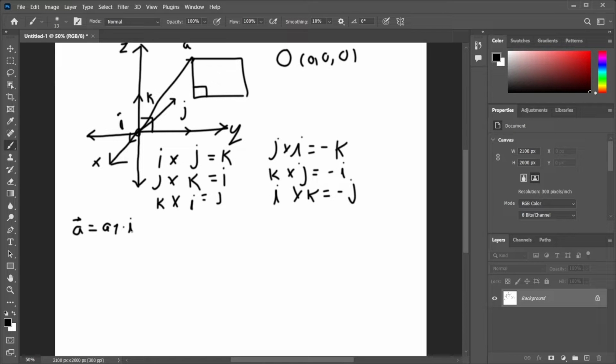So the scalar times i, the direction. I is just a unit of measure. If we say A1 times i, it will be like here or here. It all depends on A1, plus the second component times j, and the third component times k.